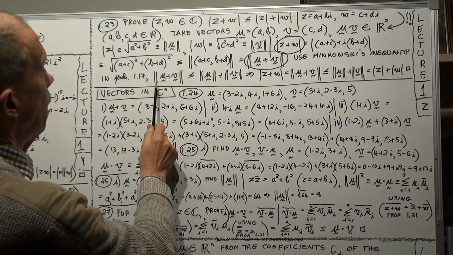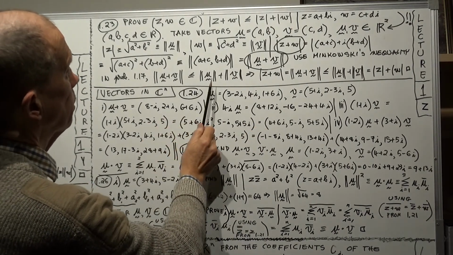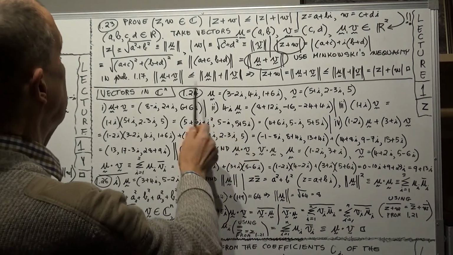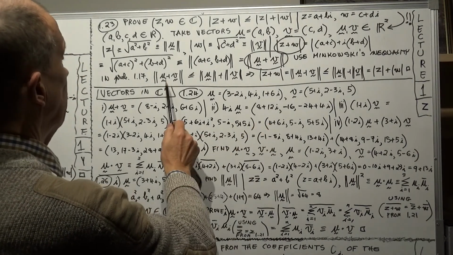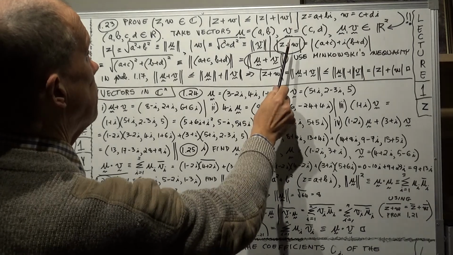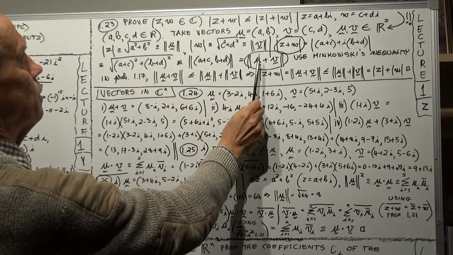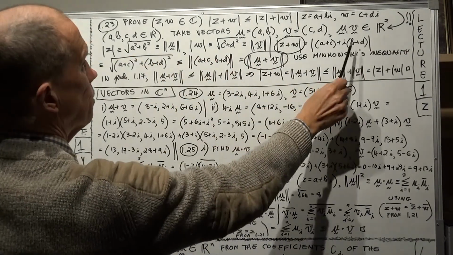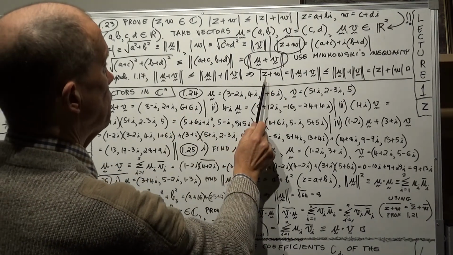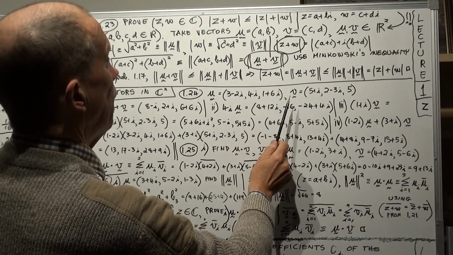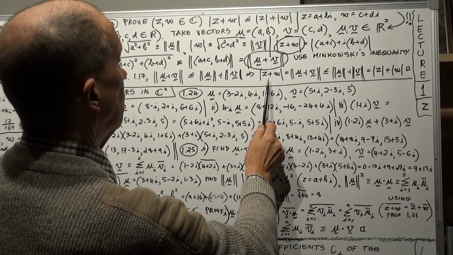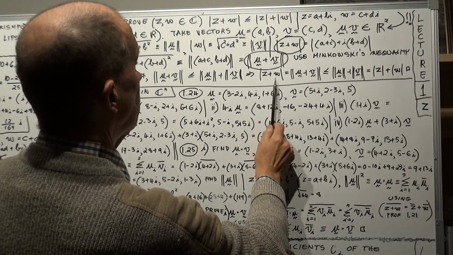It's saying the norm of the sum is less or equal to the sum of the norms, and this equals this. You go backwards. So this equals this, so we can write this left-hand side as just this, and now let's see. This equals that.